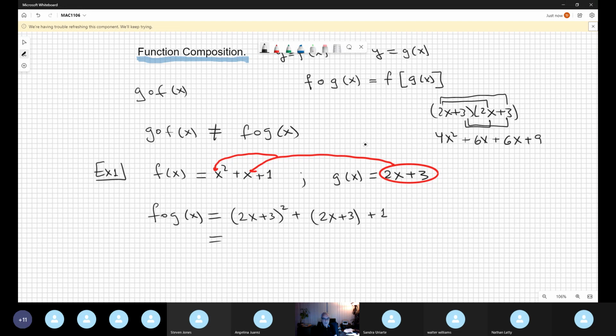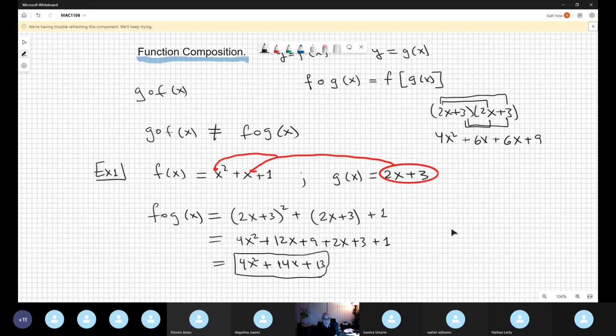I copy 4x squared plus 12x, because 6 plus 6 is 12, plus 9 plus 2x plus 3 plus 1. Well, this final expression is 4x squared plus 14x plus 13, because 9 plus 3 plus 1 is 13. Wow! And this is an expression that represents the composition in that order.